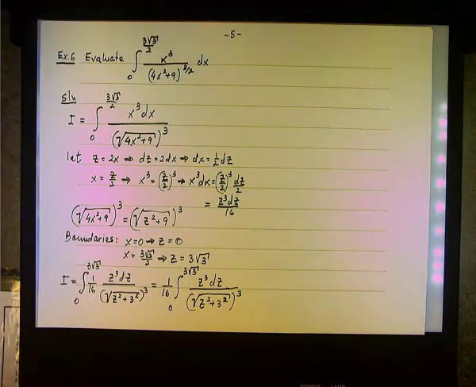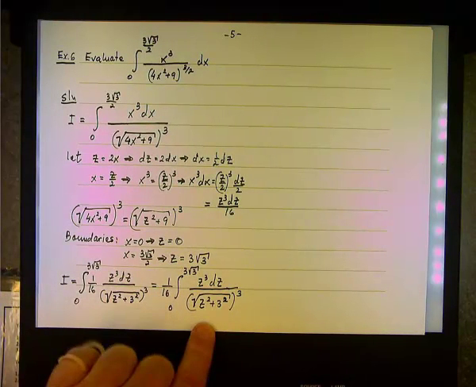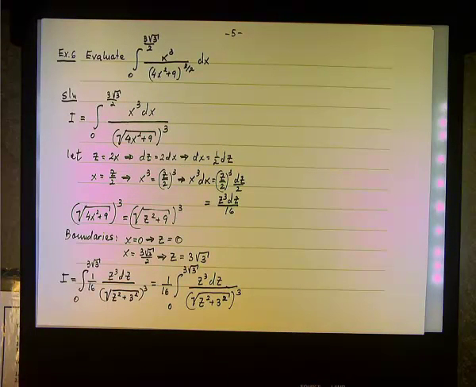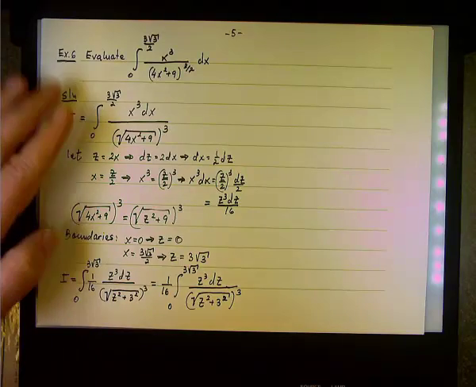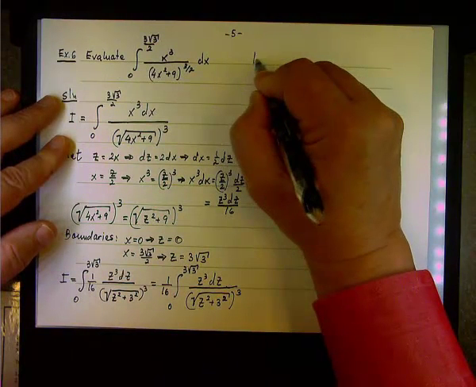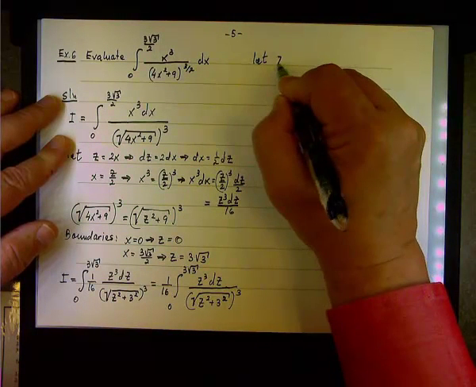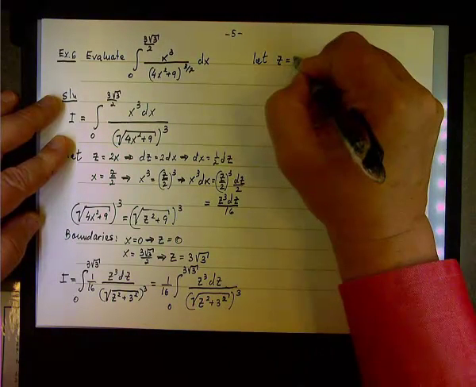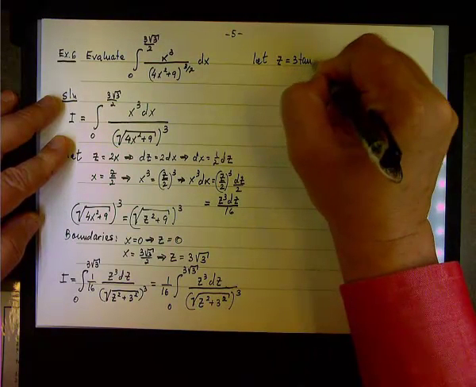At this point, I'm ready to do the trig substitution. This looks like the kind of substitution where we substitute with the tangent. So the second substitution coming up, and we let z equal, because we have 3 squared, 3 tangent theta.